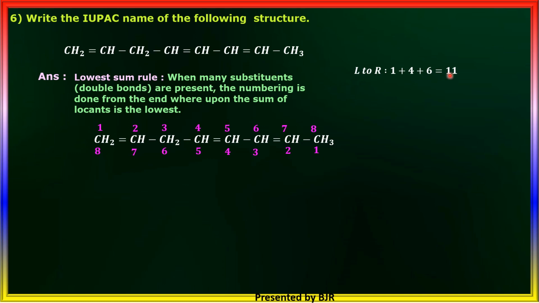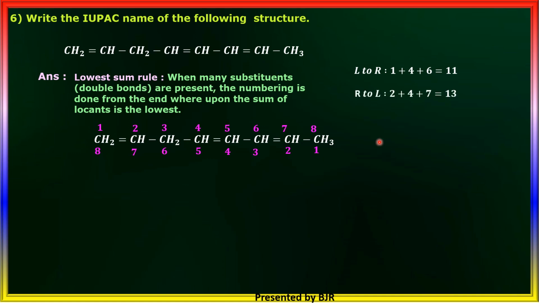If numbering is given from left to right, on the first carbon a double bond is there, 1 plus, the fourth carbon contains a double bond, and the sixth carbon contains a double bond. Totally 1 plus 4 plus 6, the sum of the locants is 11.